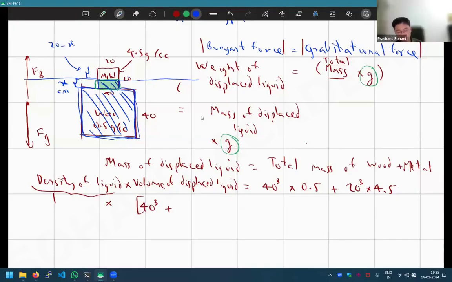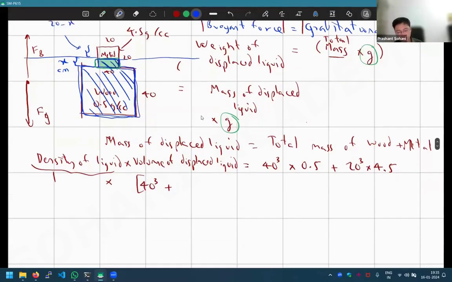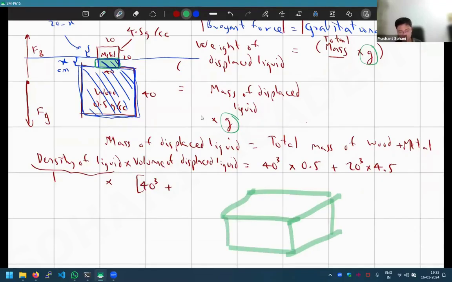Because if I draw that as a 3D object, just temporarily, it is going to look something like this. This is just the part which is below the water. Here the two sides are 20 and 20, right? The cross section of this is 20 and 20, and the height is the x centimeter which I assumed. So the volume will be 20 into 20 into x, which is 400x.